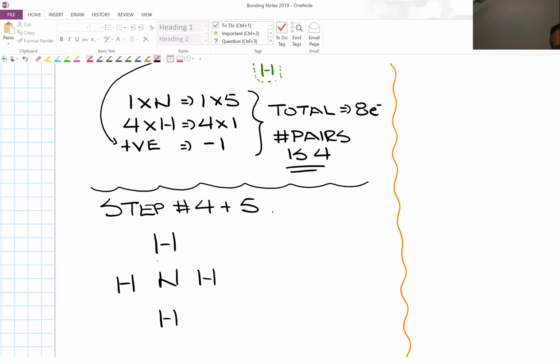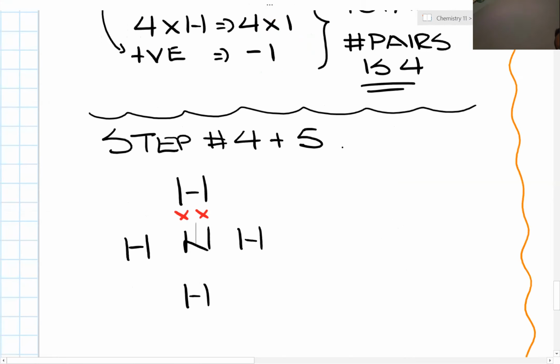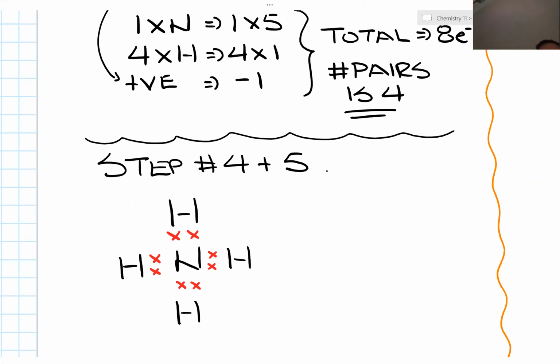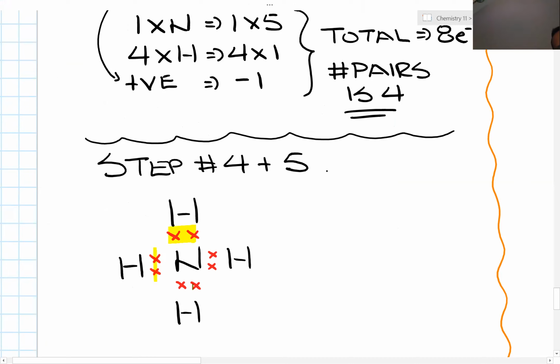first is the shared pairs, which I will use as x's. So we have 1, 2, 3, 4. Now, in this case, we're done. We don't have to do step 5. Why? Because if we look at the number of pairs we have, that's 1, 2, 3, 4. That's the 4 here.